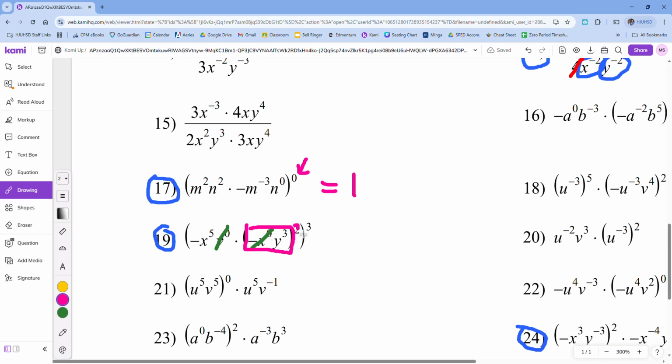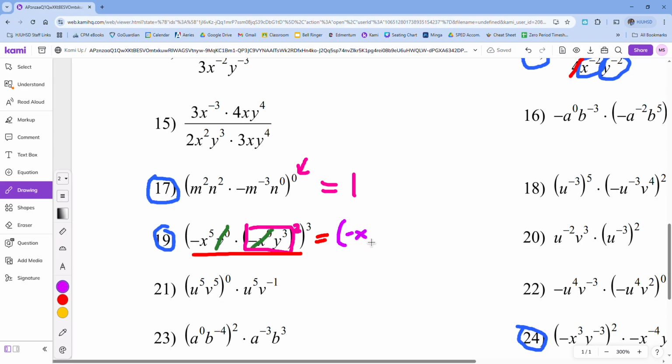I want to do that one first, because once I've resolved that, this whole parentheses here will be nice and simplified. So let's square this y cubed, and I'm going to leave the x to the -5 as it is just for now. And I have my reasons for that.